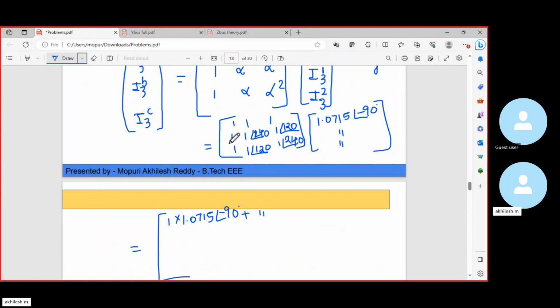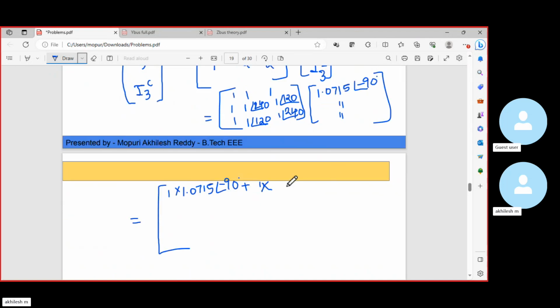Okay, then what about here? Again, 1 into this, but the second one will be multiplied with 1 angle 240. You try to get that final matrix if possible. Just a minute. First find three times of this. I think we cannot directly multiply the magnitude with 3.